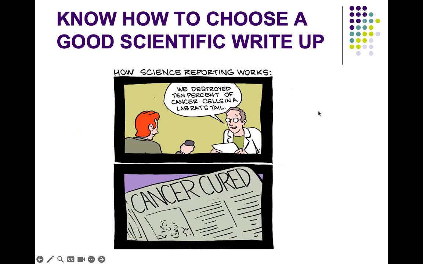This is what we report. But when it comes to mass media, they will use bombastic words like cancer cured, but it's just 10% actually. So when we read literature, be careful about overclaims.